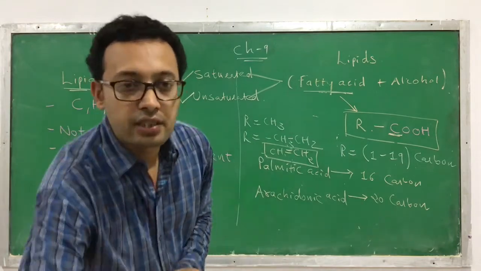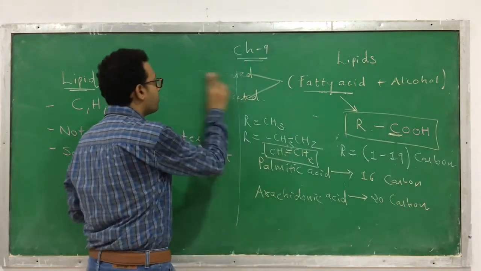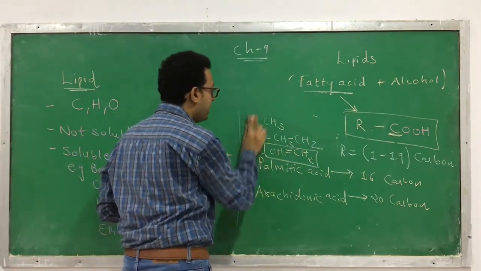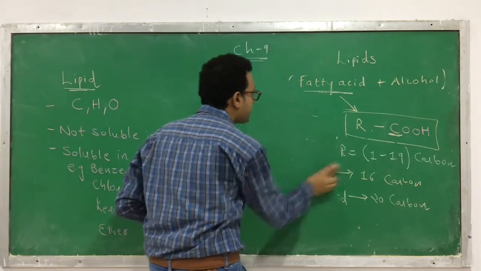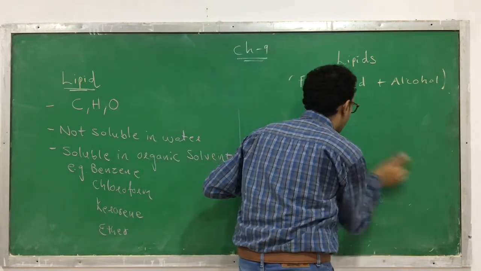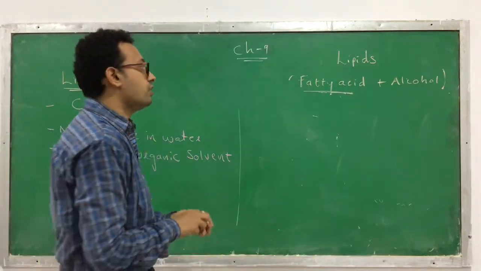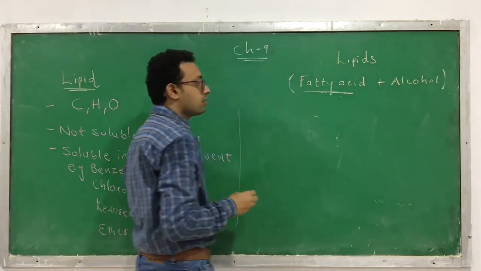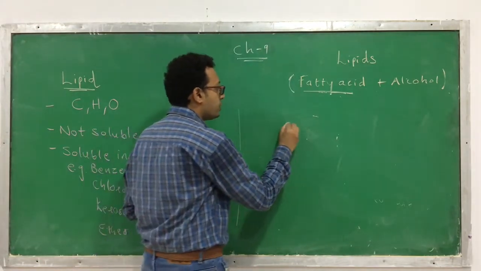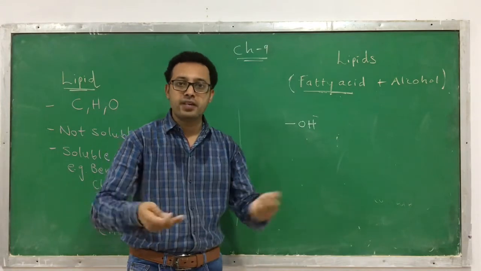Another component you can find in a lipid is an alcohol. This is the other component, because the lipid contains fatty acid and alcohol. We have discussed fatty acid. Now we are discussing the alcohol. Alcohol means it contains the OH functional group. The number of OH groups may vary.